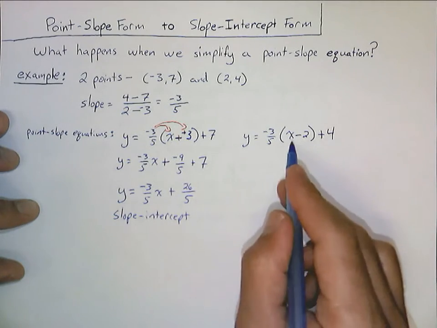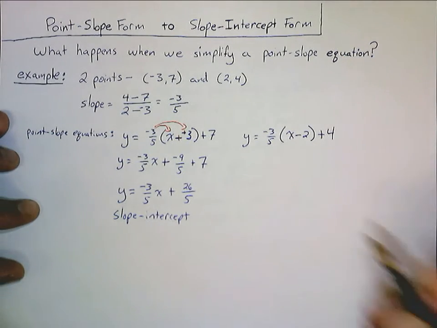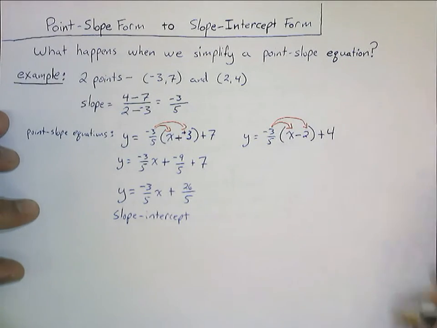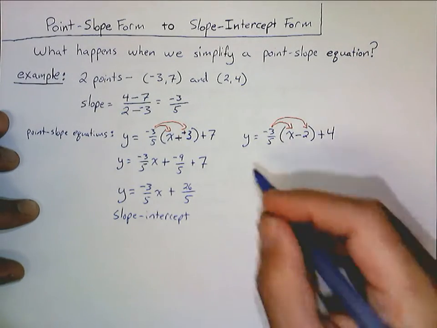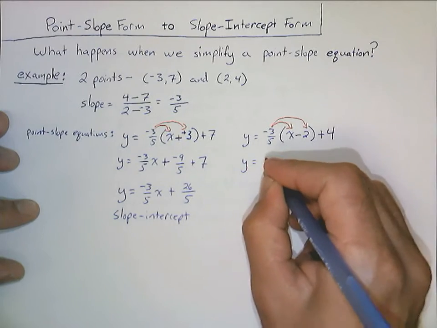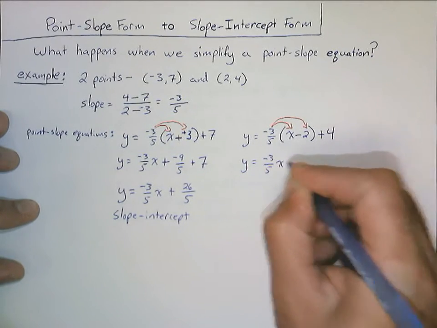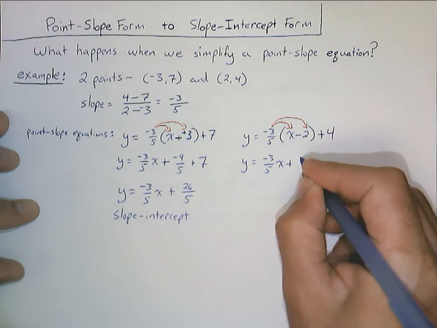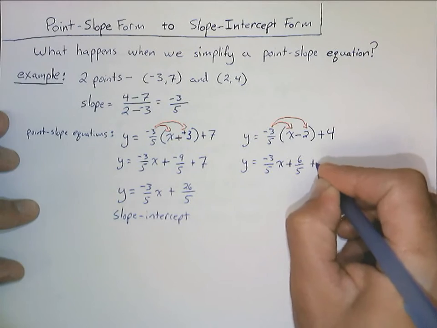Okay, so let's do the same thing with this equation. We will distribute in our slope. So we have y is equal to -3/5 x. -3/5 times a -2, that's going to be a +6/5, plus 4.